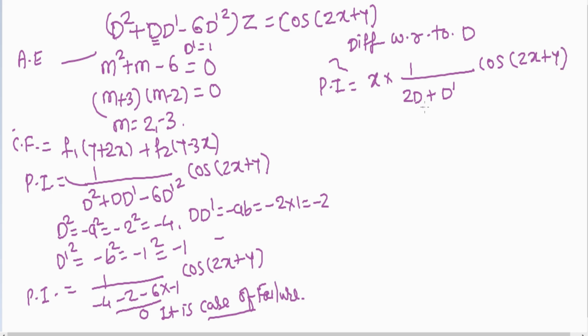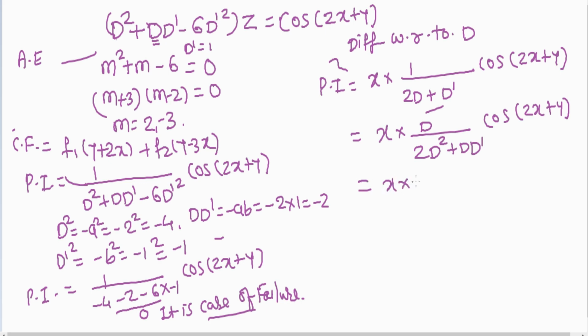Now, friend, you can see that we have D and D dash, but we require D squared, D dash squared, and D D dash. Therefore we multiply and divide by D. So x into 1 divided by (2D squared plus D D dash) cos of (2x plus y) equals x times D divided by (2 D squared plus D D dash).